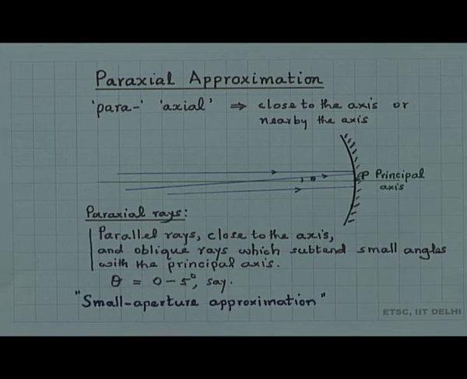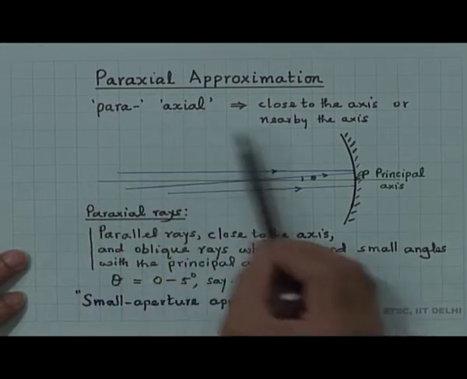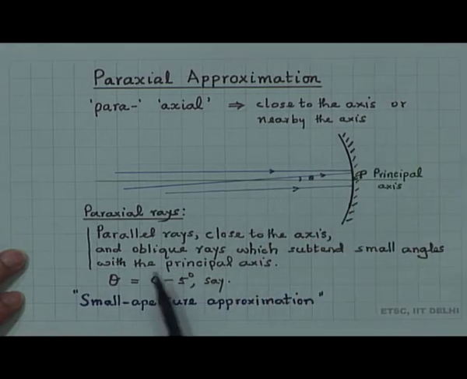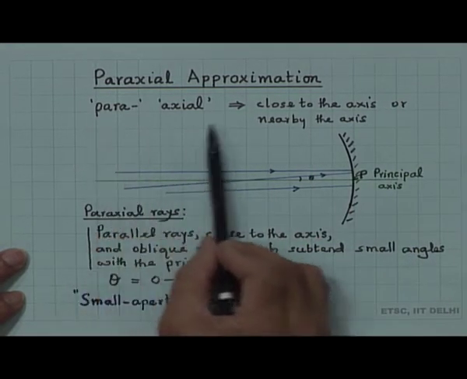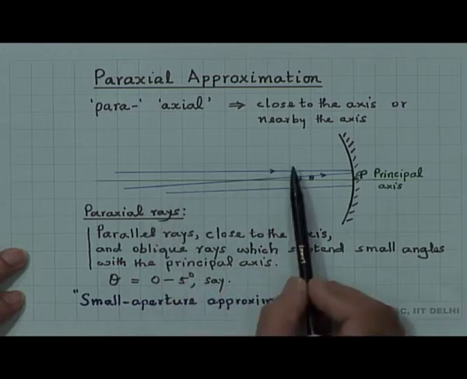Paraxial is actually from Greek, para meaning close by, nearby. So, close to the axis or nearby the axis. So, we are looking at paraxial rays, which means rays which are close to the axis.